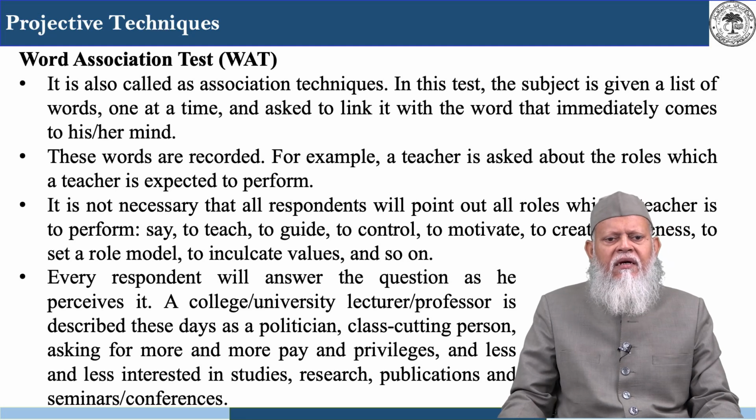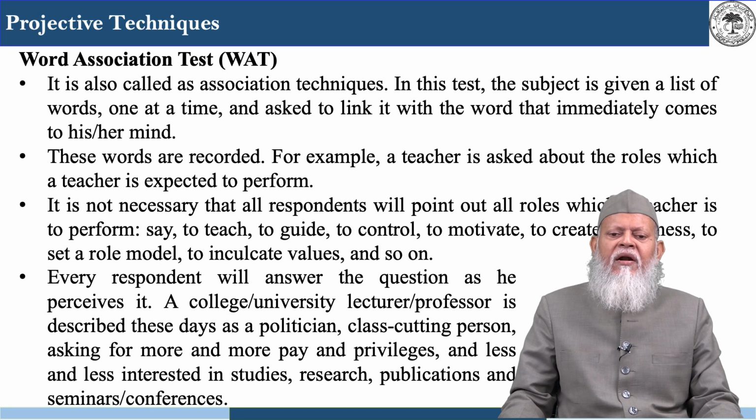Then the next is the word association test. This is the word association technique. In this test, the subject is given a list of words one at a time and asked to link each with the word that immediately comes to his or her mind.